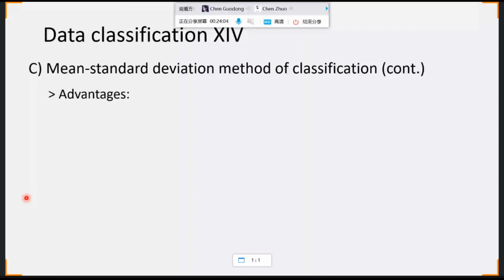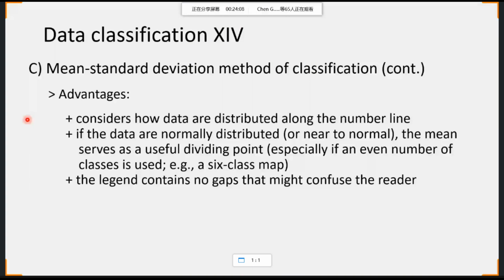Now, what are the advantages? This method considers how data are distributed along the number line. We have seen that in the 3 classes. If the data are normally distributed or near to normal, the mean serves as a useful dividing point. So you know the mean divides the data into 2 halves.